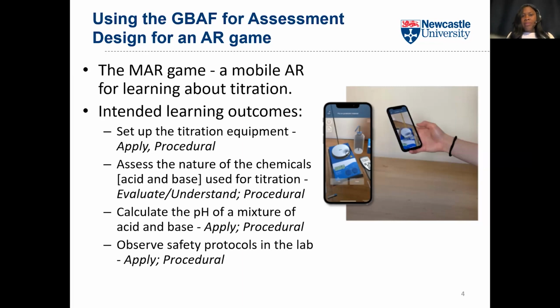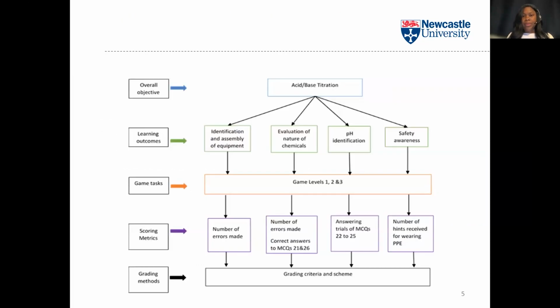The learning outcomes for this game are as follows: to set up the titration equipment, to assess the nature of the chemicals, acid and bases used for titration, calculate pH of a mixture of acid and bases, and observe safety protocols in the lab.